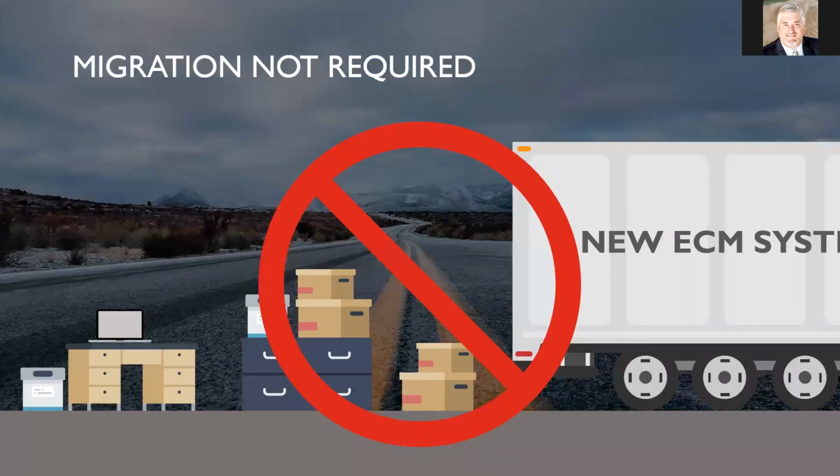We talked about the ability to link to a lot of other information repositories. That gives us the ability that migration is not necessarily required with M-Files, because from the M-Files interface, I can have visibility to file folders, I can have visibility to SharePoint, I can have visibility to a Box repository that we may have.